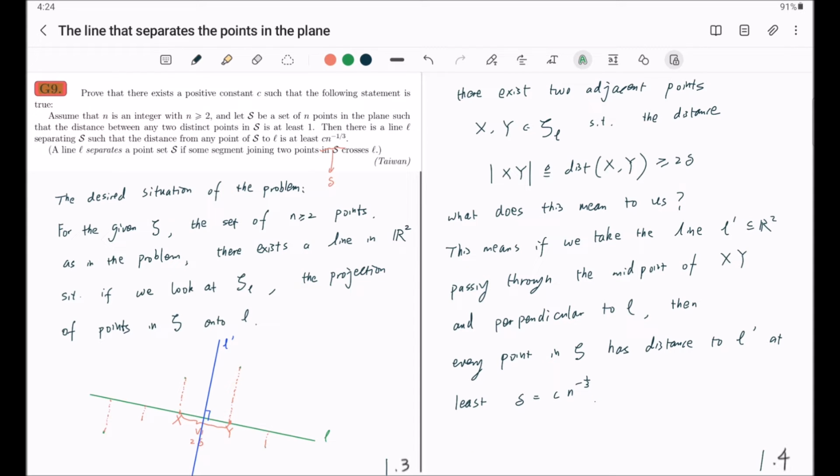Because the points X and Y, the projection images, will have distance at least 2 delta. And we take the line perpendicular to L passing through their midpoint. The pre-images will also have distance to L prime at least delta each. And other points are even farther away. So every point in S will have distance to L prime at least delta.